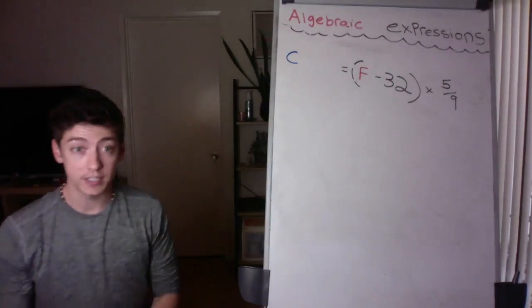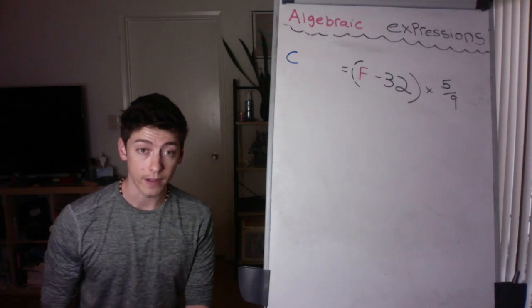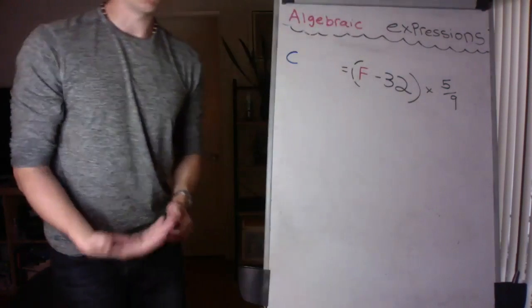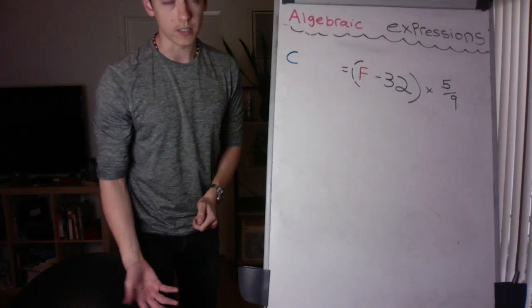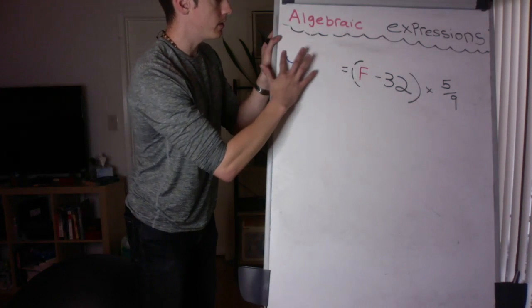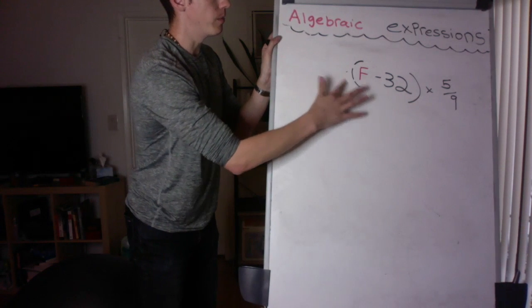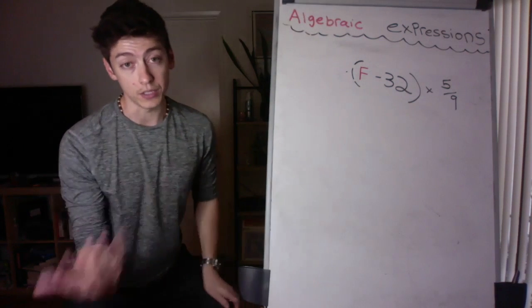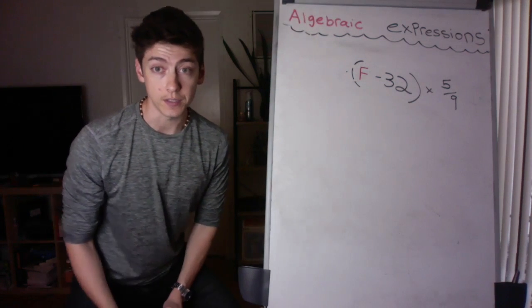So let's actually see the relationship between Celsius and Fahrenheit and plug in some values here. And again, because we're not really working with equations in this video, I'm going to go ahead and erase the C. But just know that the purpose of this expression is to help us convert or change between Fahrenheit and Celsius.